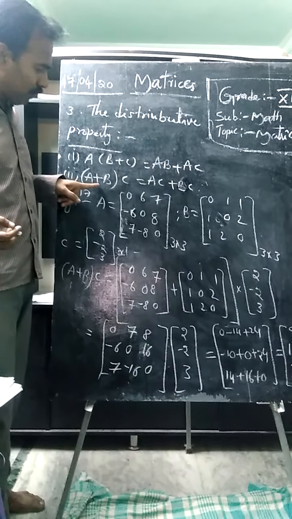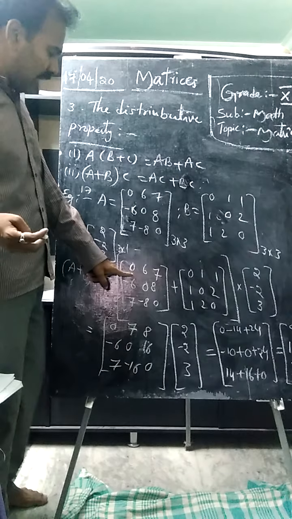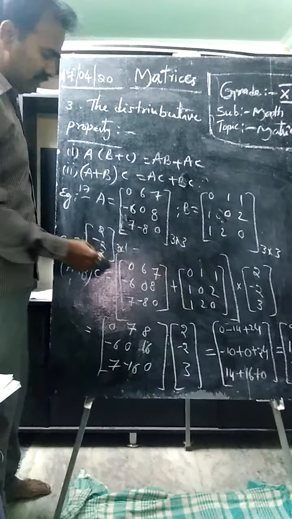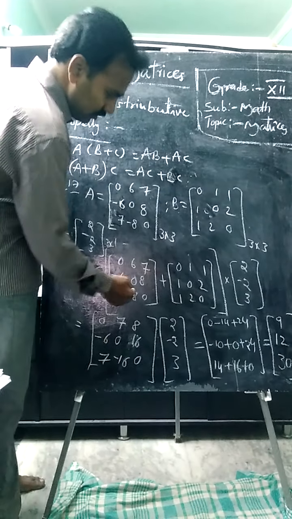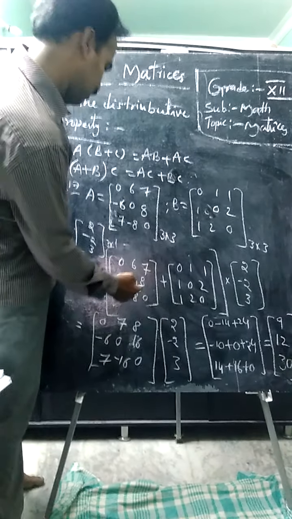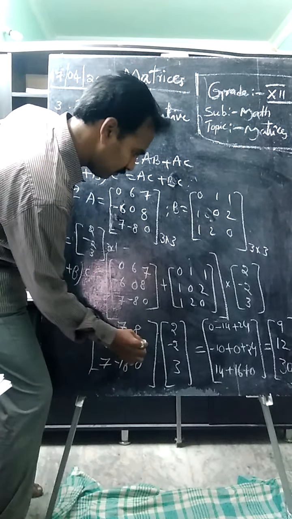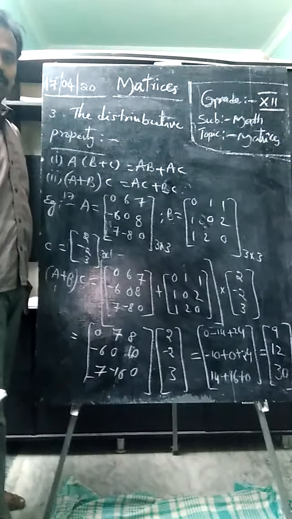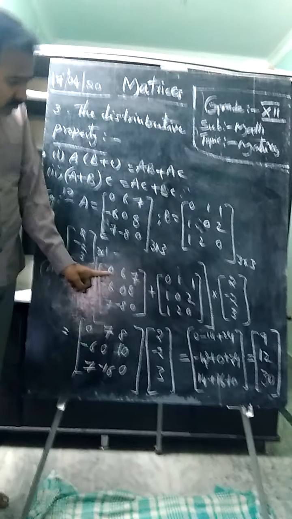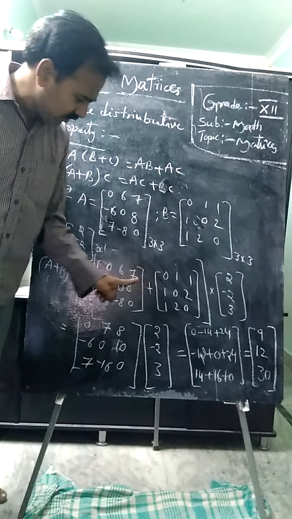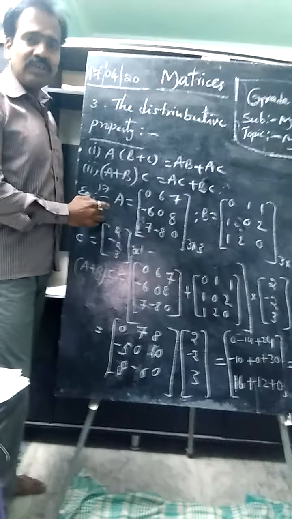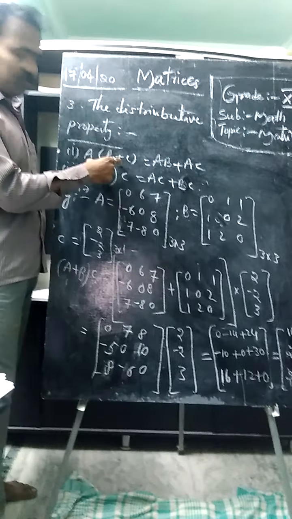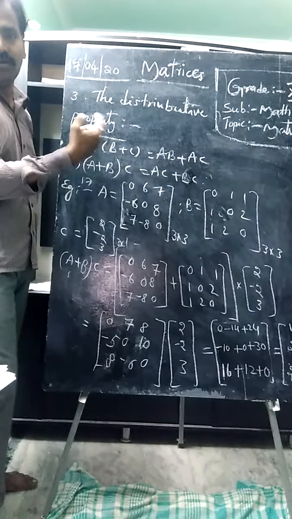So as per the property, (A + B)C means add matrices A and B, then multiply with matrix C. So we assume three matrices where addition or multiplication is possible.